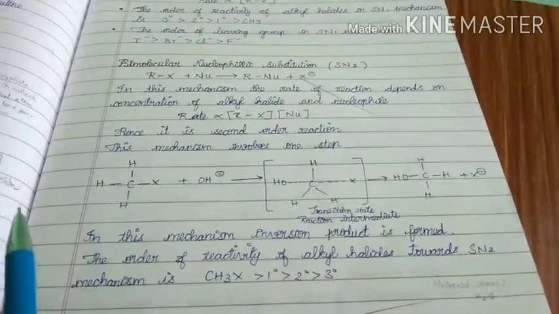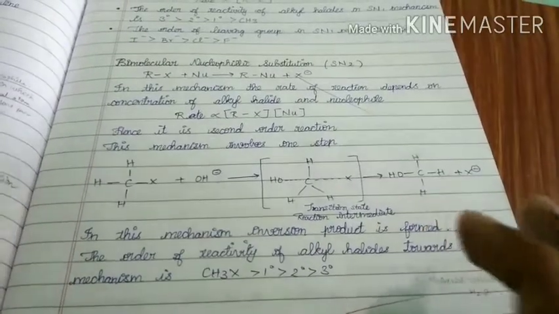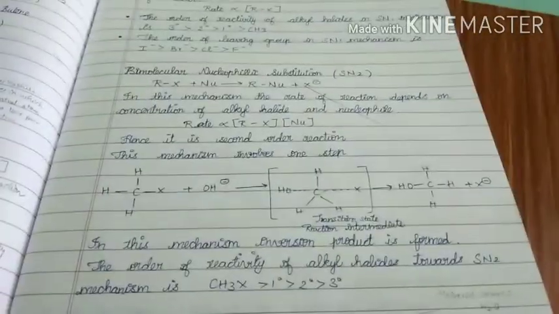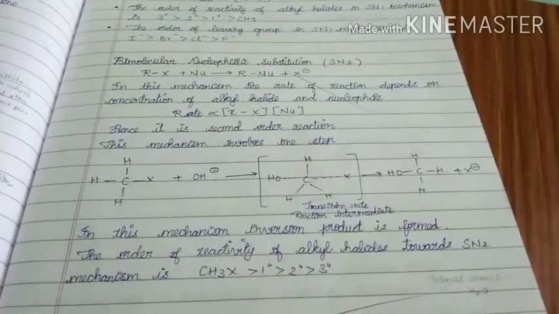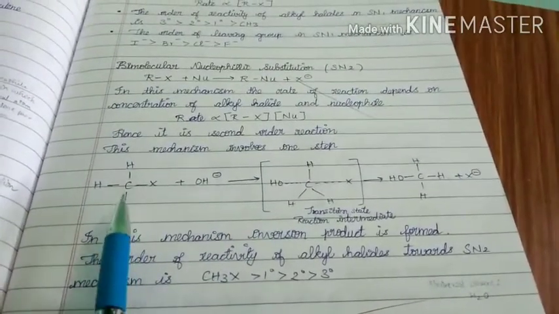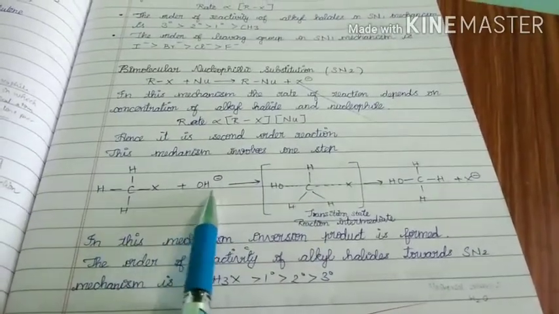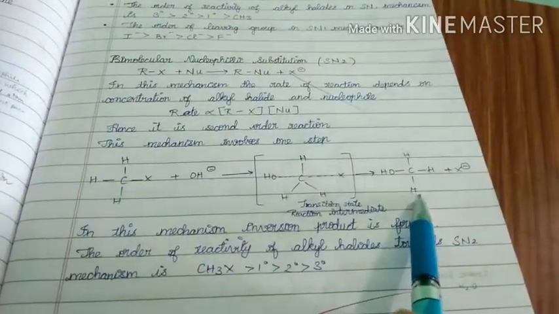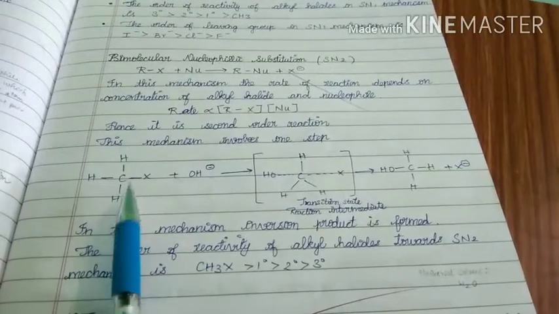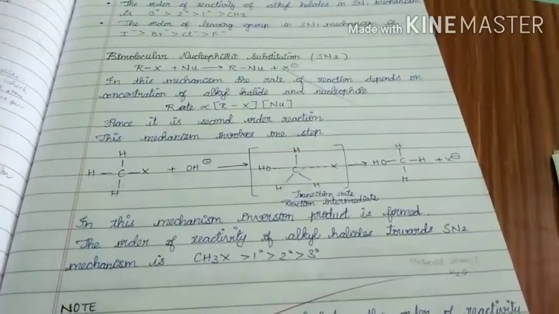SN1 takes place in two steps, but SN2 takes place in one step only. Also, the rate of reaction depends on two factors, because the attack of the nucleophile forms the product.